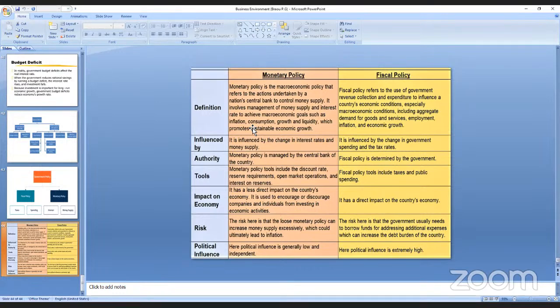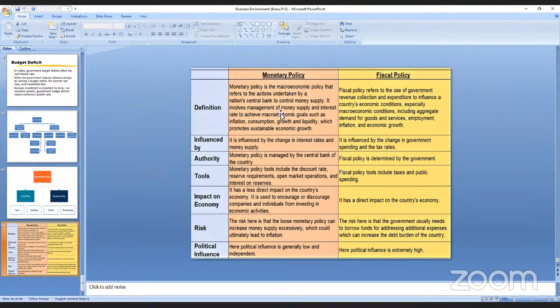Now you will be able to understand what monetary policy and fiscal policy are. Monetary policy is macro, meaning very big, very wide. It refers to the action undertaken by the nation's central bank, which is the RBI, to control the money supply.